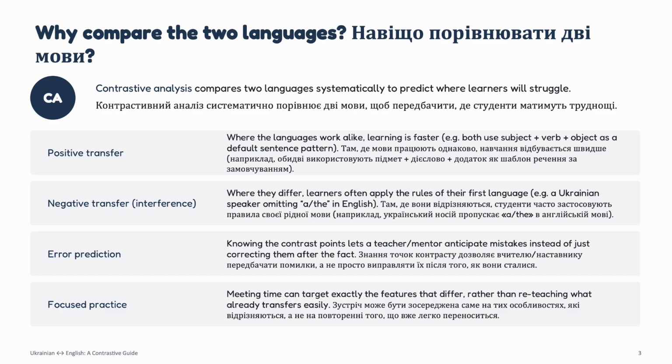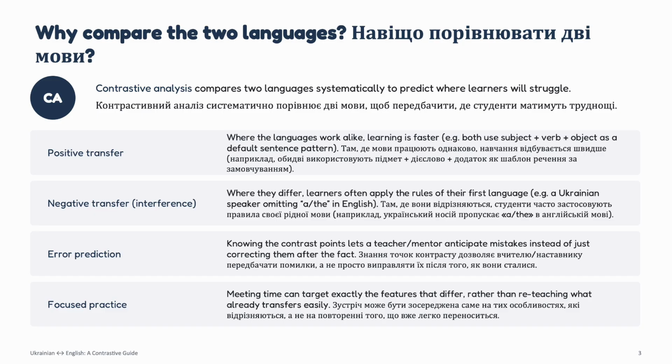First, positive transfer, where the two languages behave similarly, learning is naturally faster. For example, both Ukrainian and English default to a subject, verb, object sentence pattern, so that part transfers easily. Second, negative transfer, where the languages differ. Learners often unconsciously apply the rules of their first language to the second one. A Ukrainian speaker dropping a or the in English is a perfect example.